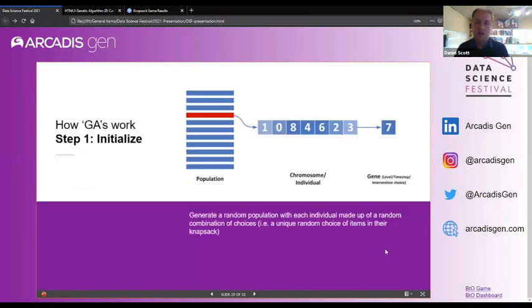Okay, so let's have a look in a little bit more depth at what's going on behind the scenes there. A genetic algorithm works through several steps. The first one is to initialize a population.